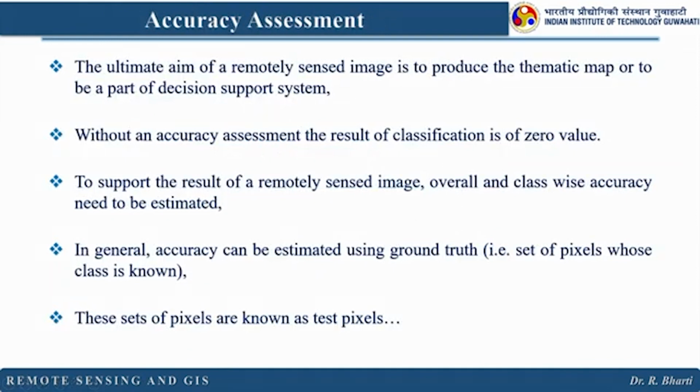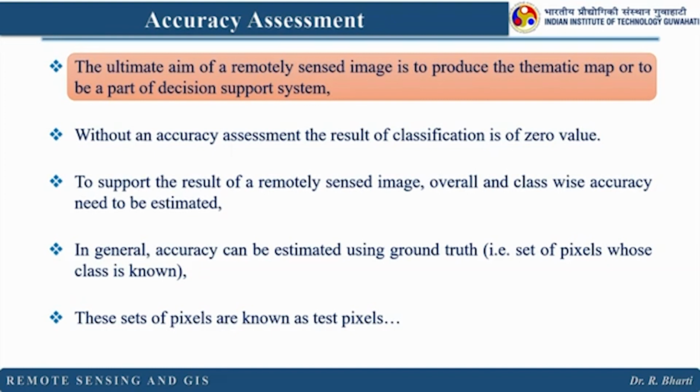Now, let us understand why exactly we use these classifiers. Because we want to identify some land use land cover classes using these satellite images, right. But ultimately these products will be used in some decision support system, or it can be an input for your model, right. So, you need to be very careful about the accuracy of all these outputs. So, the ultimate aim of a remotely sensed image is to produce the thematic map or to be a part of a decision support system.